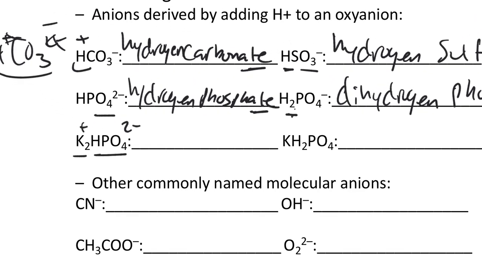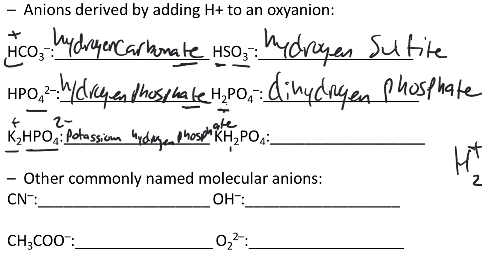Didn't really give myself enough room to write this one, but this would be potassium hydrogen phosphate. So just like K2O wasn't dipotassium oxide, we don't need to call this dipotassium hydrogen phosphate. So just potassium hydrogen phosphate.